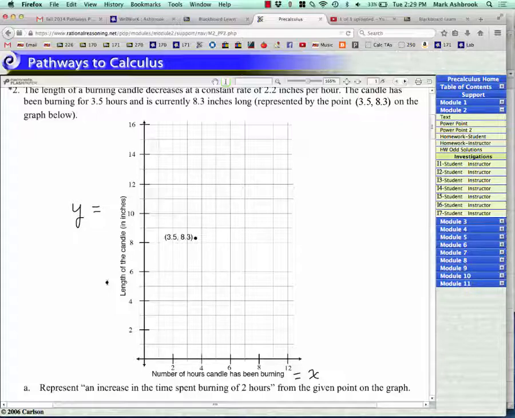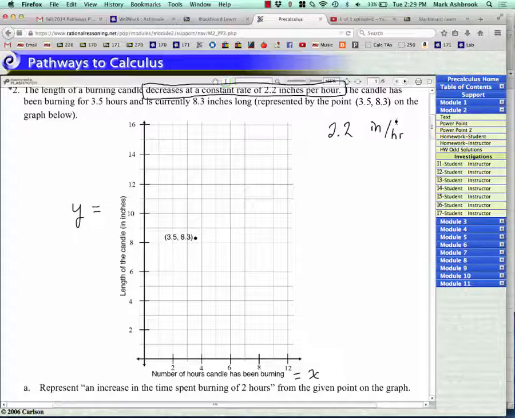They gave us a constant rate of change: decreases at a constant rate of 2.2 inches per hour. So your task is to represent or make sense of this number, 2.2 inches per hour, in terms of the variables x and y.